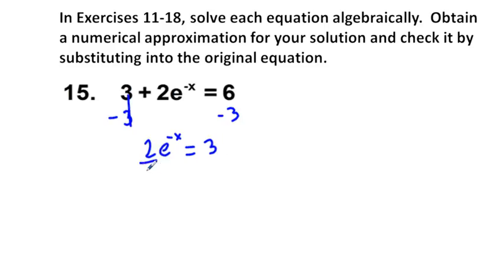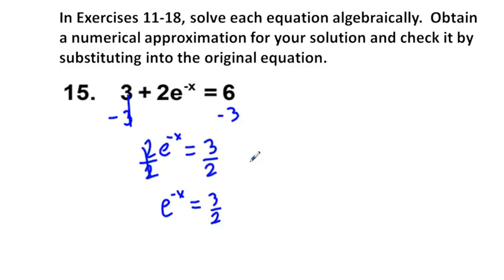Next, we need to divide by 2. So dividing by 2, we have e to the negative x is equal to 3 over 2.